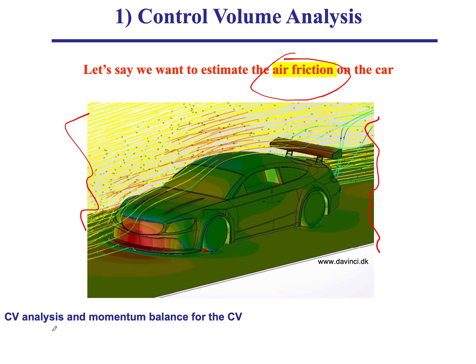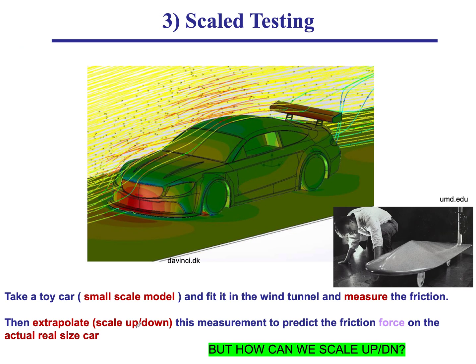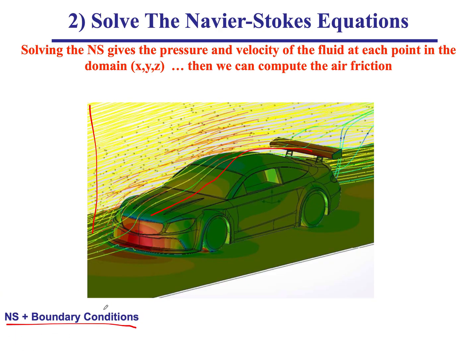In chapter 4, we would write the Navier-Stokes equation for the system, define the boundaries. Here's one boundary, and the car surface will be another boundary, and write our boundary conditions, solve the Navier-Stokes equation, and implement the boundary conditions to evaluate the shear stress and pressure, and from that we can get the frictional forces on this vehicle. So that's all great.